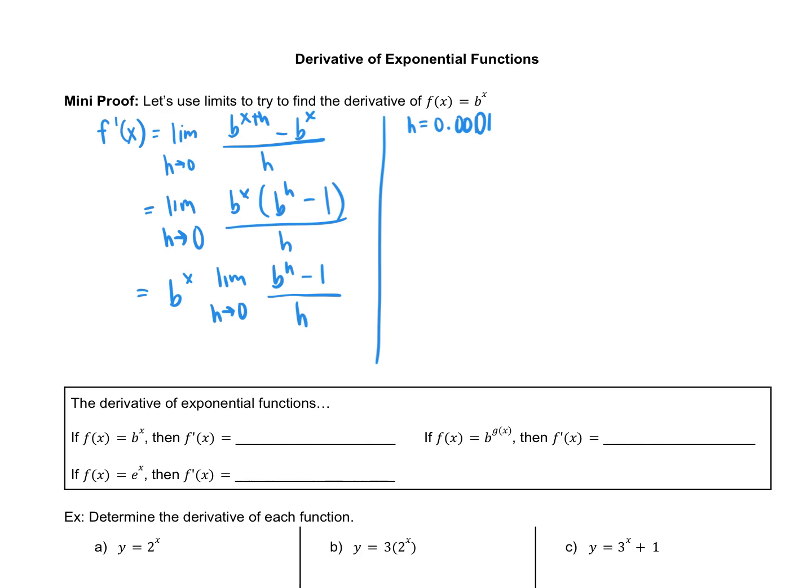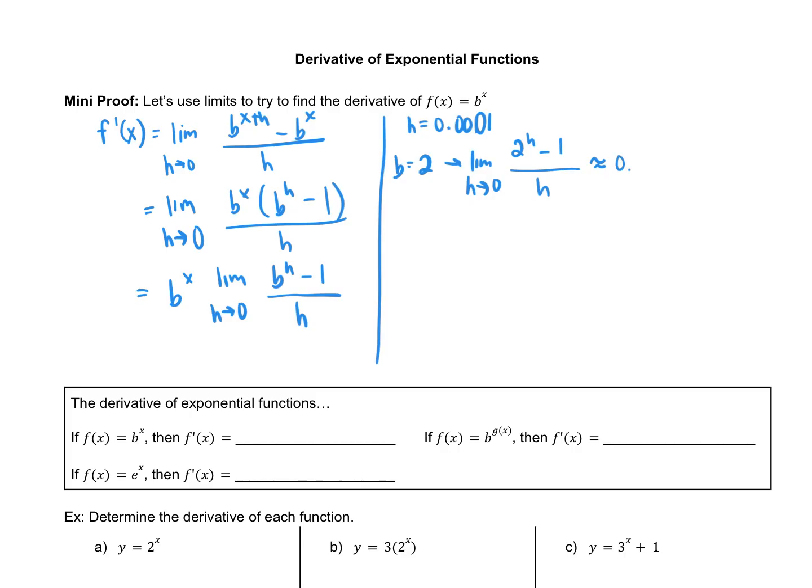So let's say my base was 2, and I was finding the derivative of 2 to the power of x. Let's see what the limit as h approaches 0 of 2 to the h subtract 1, all over h will be. So I'm just going to replace h with 0.0001, punch it into my calculator and see what I get.